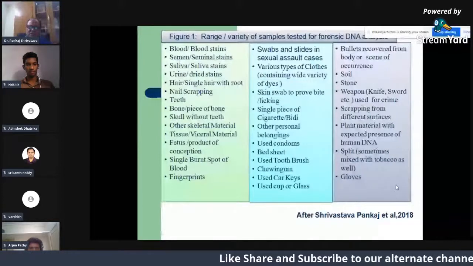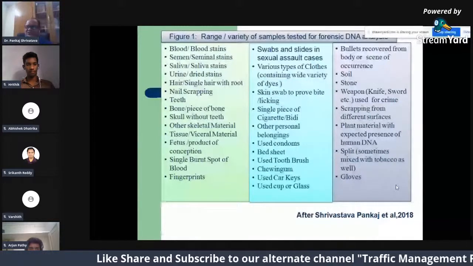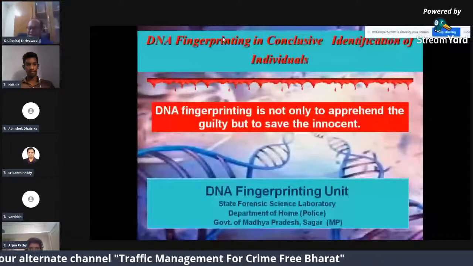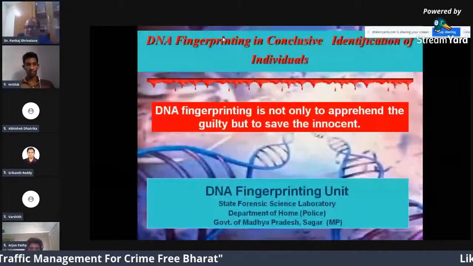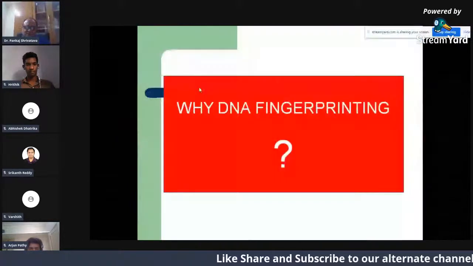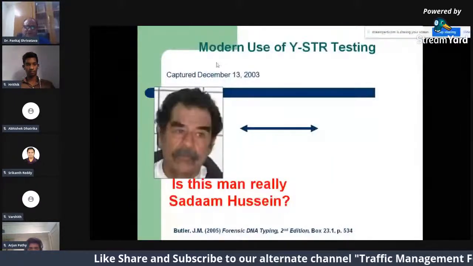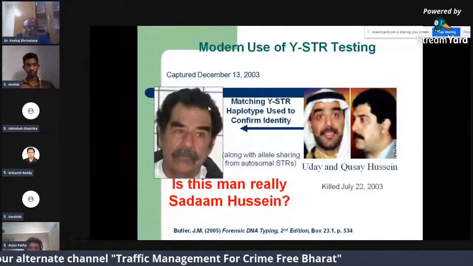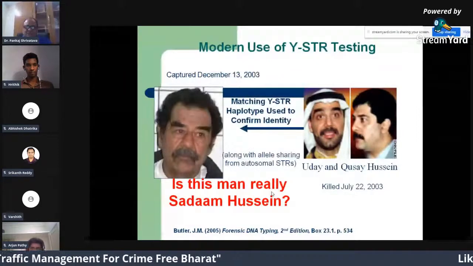Okay, so DNA fingerprinting is a conclusive identification technique for individuals. And as I said earlier, this is not a technique only to apprehend the guilty, but this technology saves the innocent as well. Even this is done. Okay, so you have seen modern use of YSTR testing in conviction in this particular case, which was highlighted.